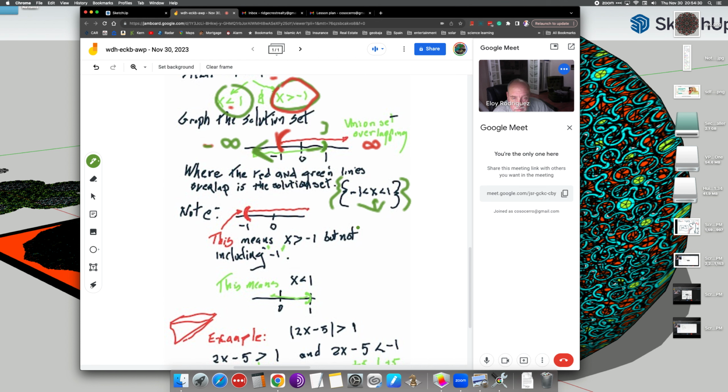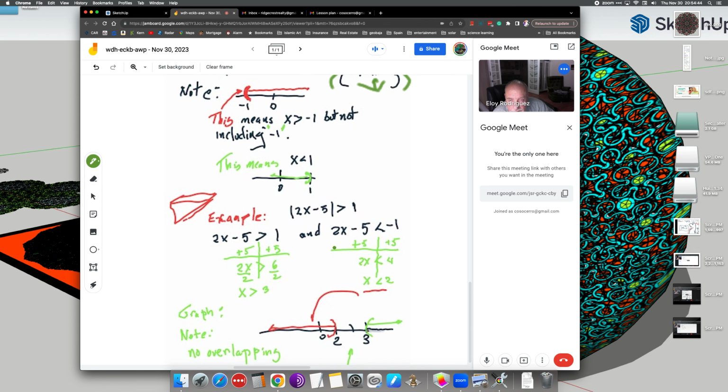Now here again, I want all values of x greater than -1, but not actually including -1. And right here, this means all values of x, rounded, less than but not including 1, but every value all the way out to negative infinity.